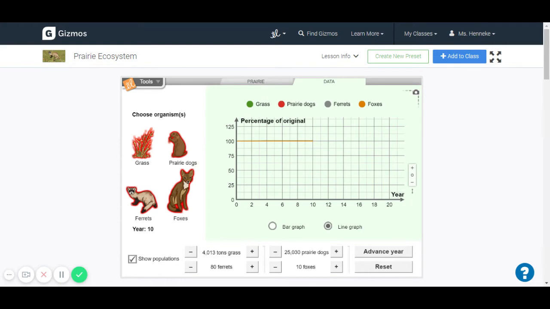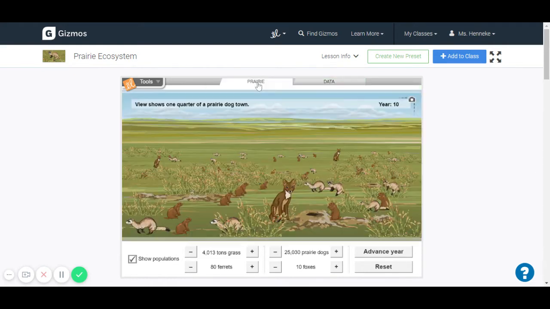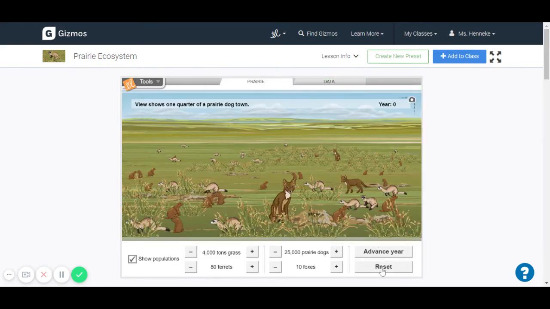Now let's keep going. We're going to come back to our prairie view and reset so we can start the first activity. What I'm going to do is take away all the animals. So ferrets have got to go. Foxes have got to go.